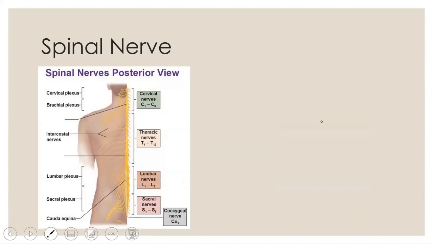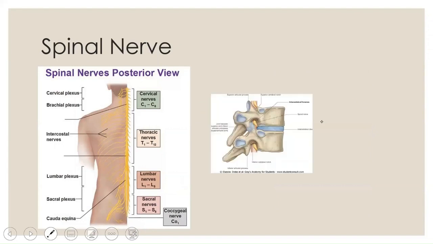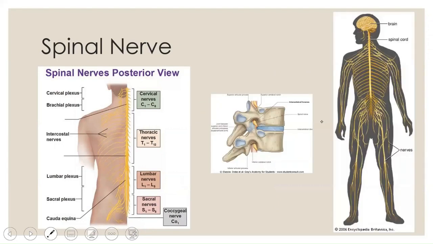Then you have the spinal nerve. As I said, you have the intervertebral foramen between the vertebrae like this, and through these spaces, the spinal nerves leave the spinal cord.